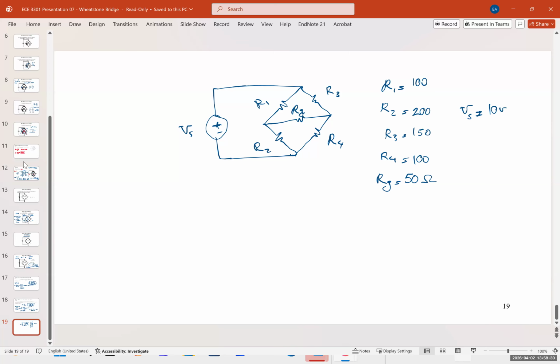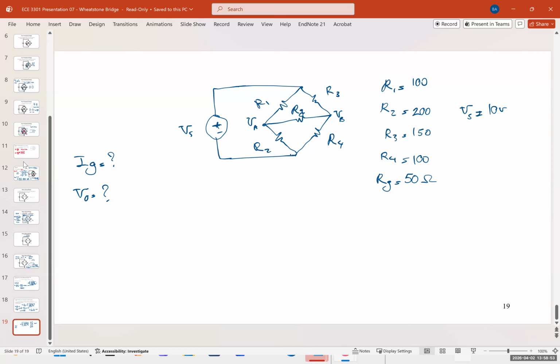We want to find the midpoint voltages, VA and VB. We also want to find the current through the galvanometer, IG. So we want to find VG and IG. VG is actually VO.